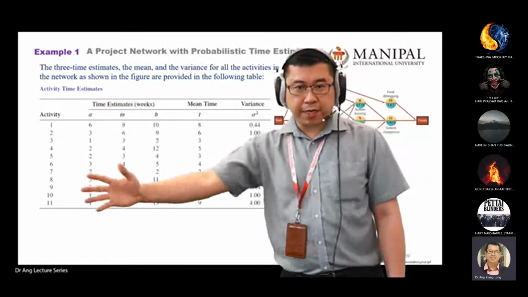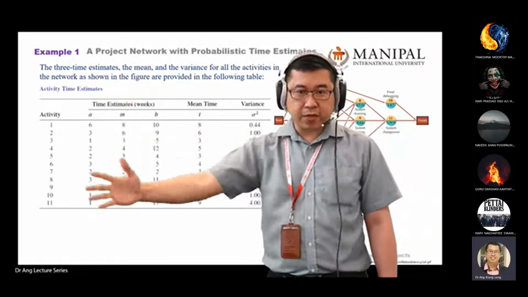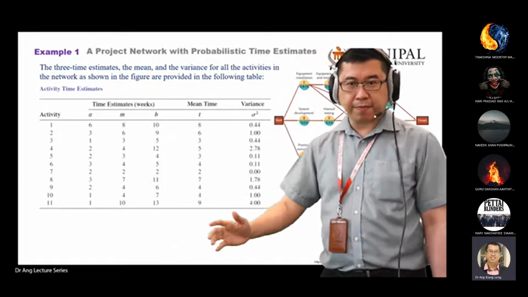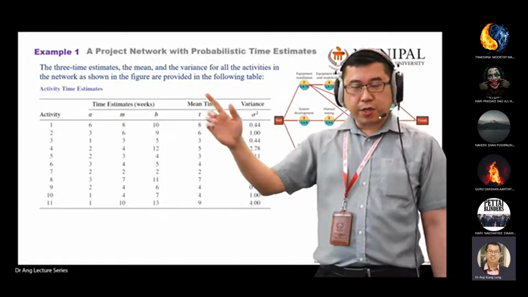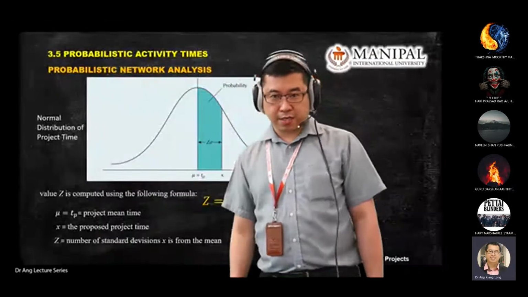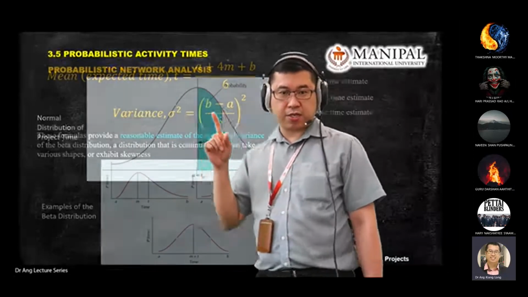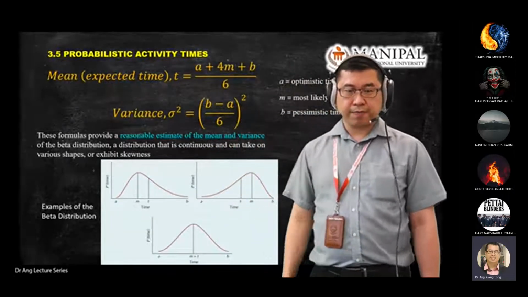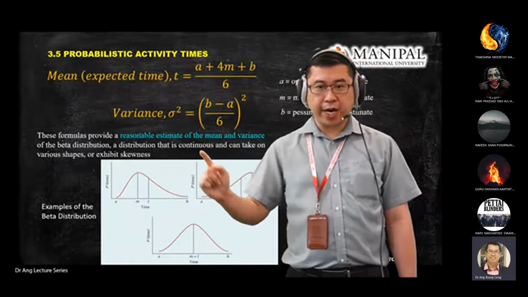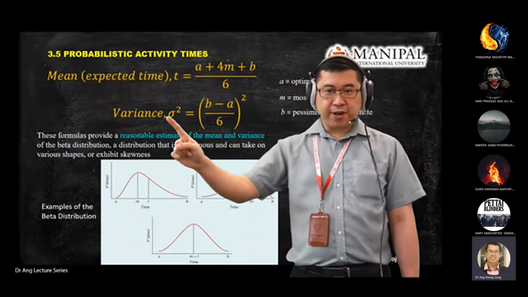So you build this table, basically you copy the format: activity, A, M, B, then you find the mean time T. We already covered the equation for T. Where is T? T is this one. Variance is this one. However, this one is variance squared.